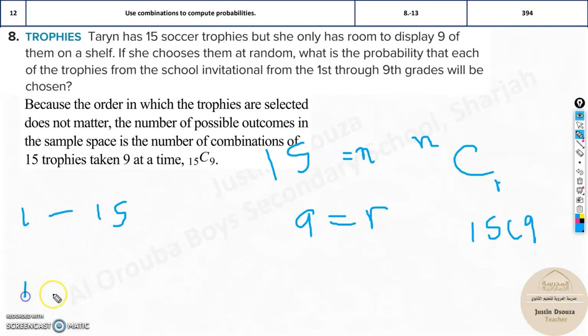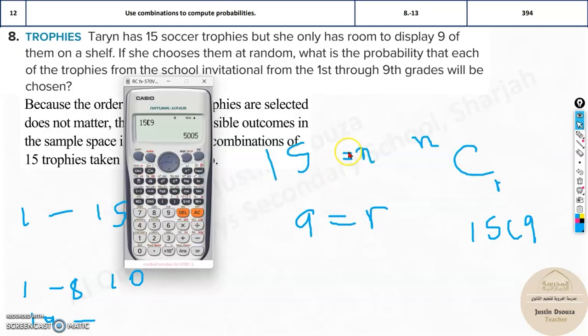So 1 to 9 can be selected, or 1 to 8 and then the 10th one can be selected. Basically, out of 15, you have to select 9 at random. How many ways can you do different selections of 9? That is 5005 ways.